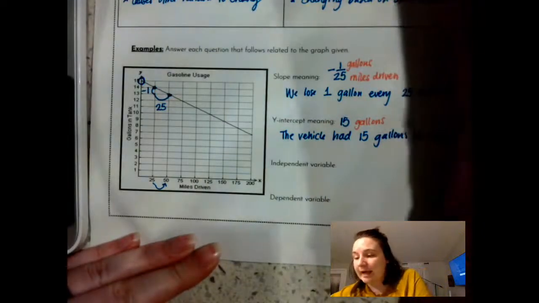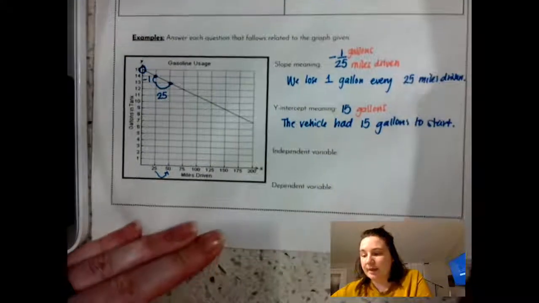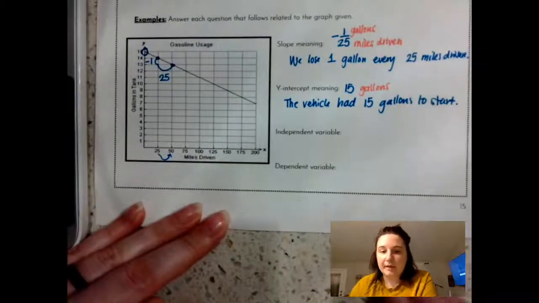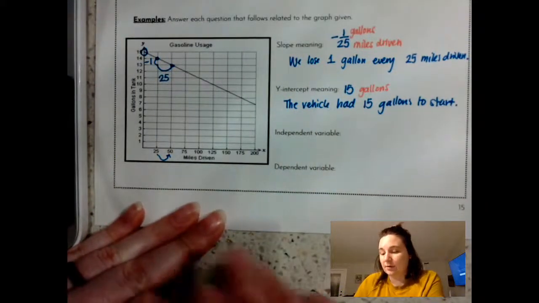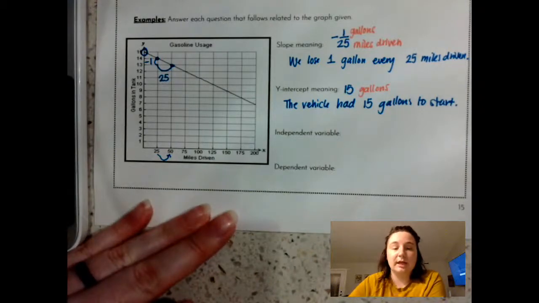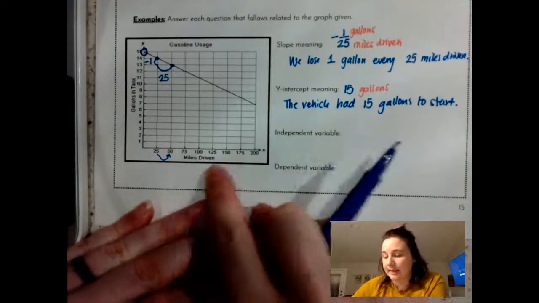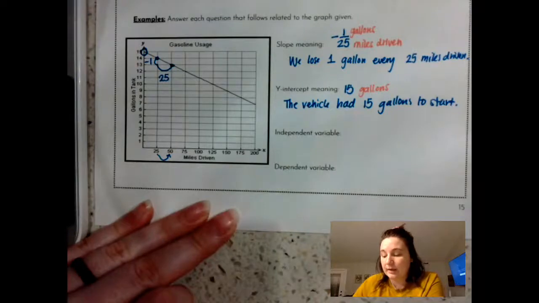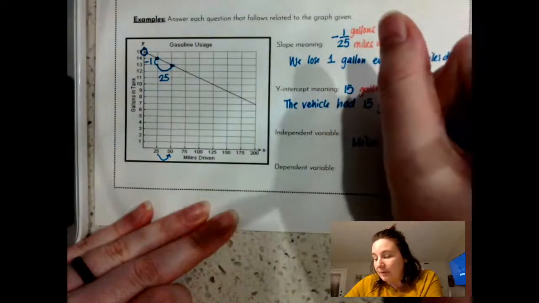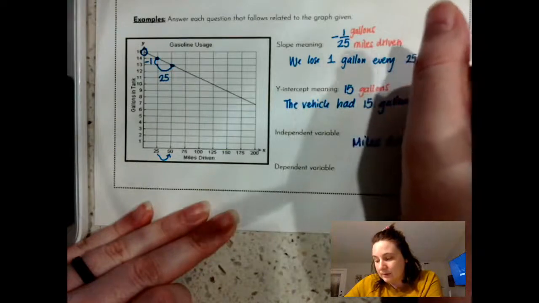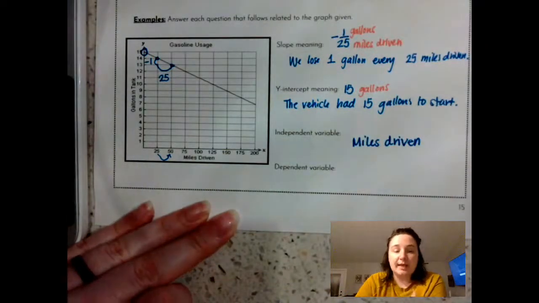Now let's look at the independent and dependent variables. So independent variable is the variable on the x-axis, or also the one causing the change to happen. So on the x-axis, I see miles driven. And we can also think about it as if I'm driving miles, then I am losing gallons of gas.